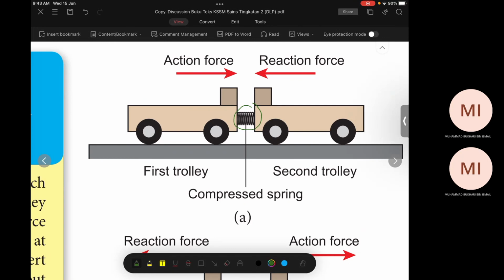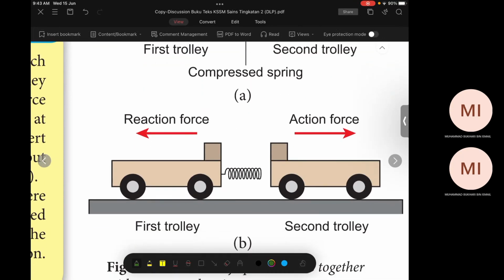When we release it, the spring will expand again. It will expand to its original shape. That's why the trolleys will push each other and will move against each other, or in opposite direction. Okay, action and reaction.